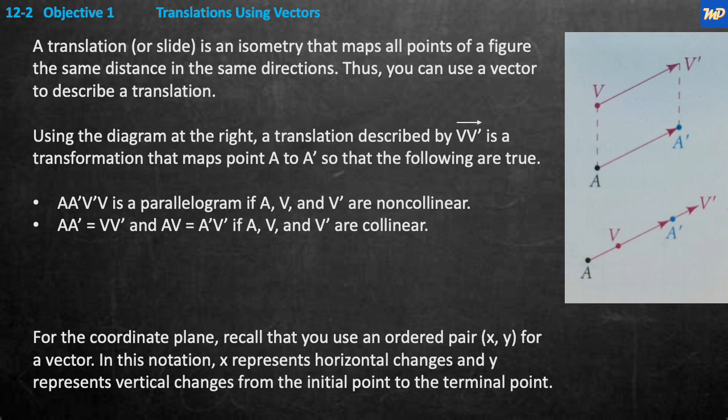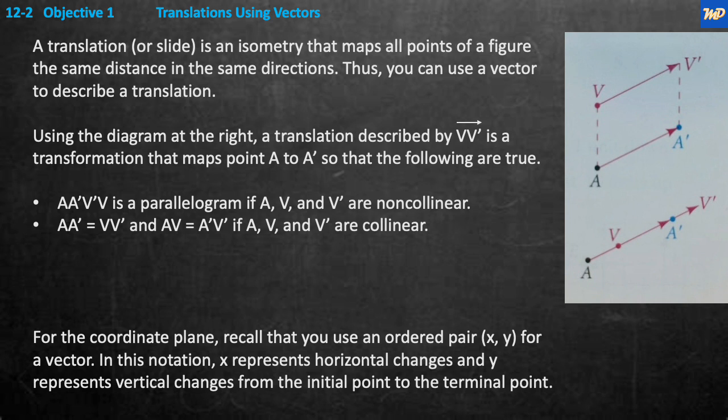Okay, objective one, translations using vectors. A translation or a slide is an isometry that maps all points of a figure the same distance in the same direction. Thus, you can use a vector to describe a translation.